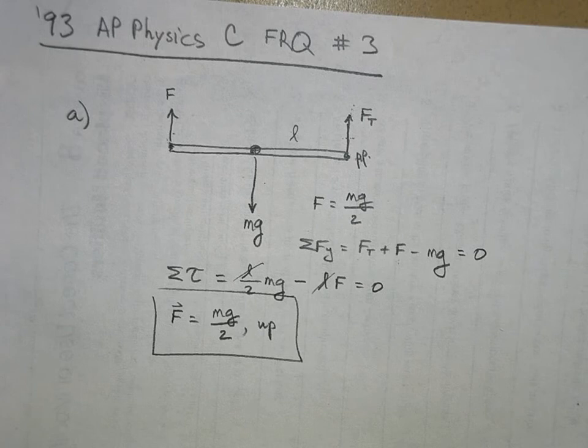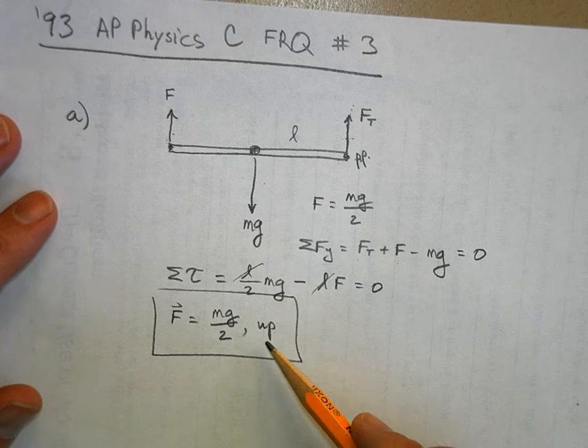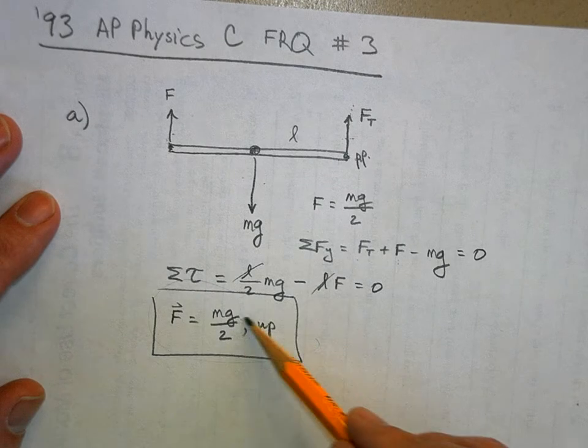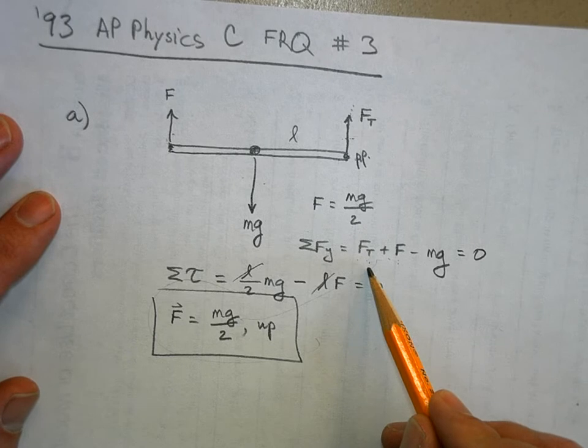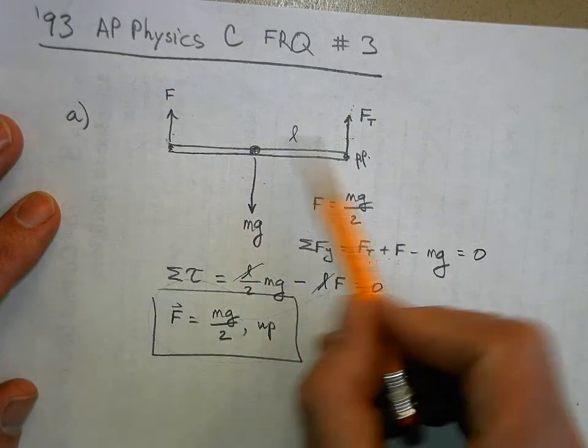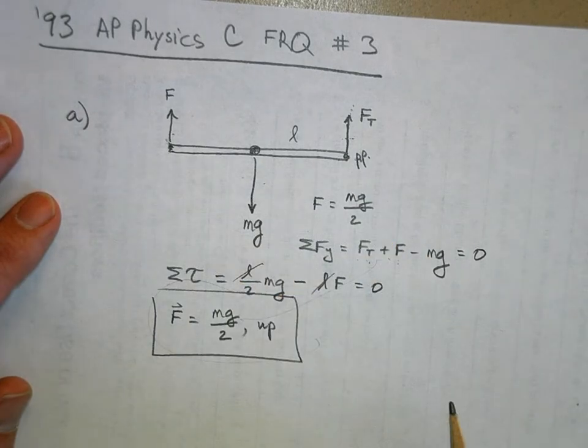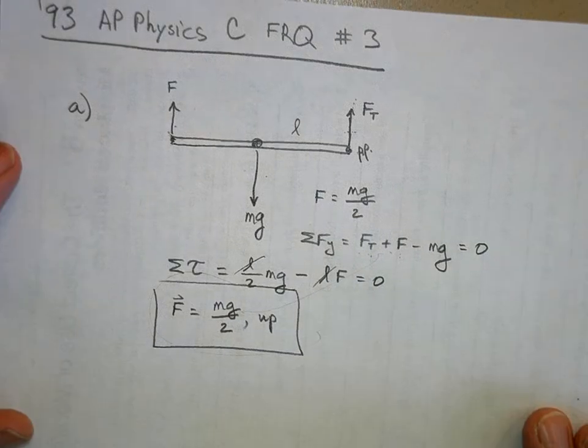But to really prove that it's mg over 2... By the way, if I took this equation and plug it in here, you'll get that the tension force is mg over 2. So yes, these two forces are equal to each other, but it's torque that allows you to prove that they're equal to each other.